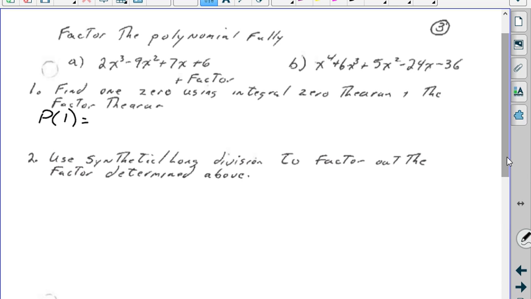Okay, so p at 1 does not work. Plugging in -1: -2 minus 9 is -11, plus 7 plus 6. That doesn't work. P at -1 is not equal to 0.